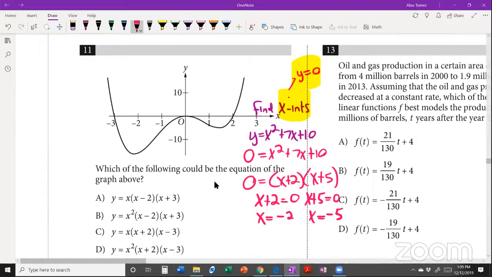The purpose of this explanation is to say that if you have a factor of x plus 2, that corresponds to an x-intercept or root of x equals minus 2. If you have a factor of x plus 5, that corresponds to a root or x-intercept of x equals minus 5. So how do you get back and forth between factors and roots?